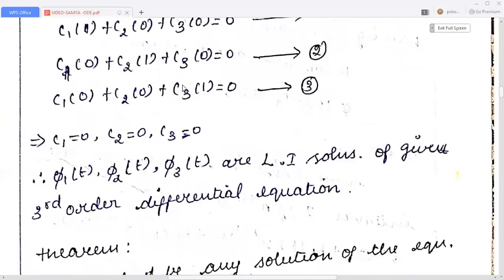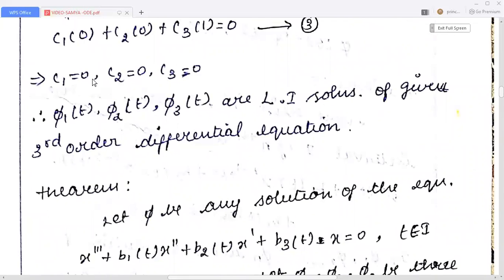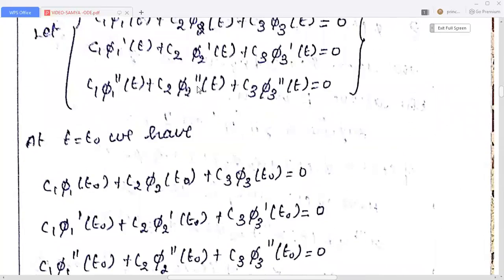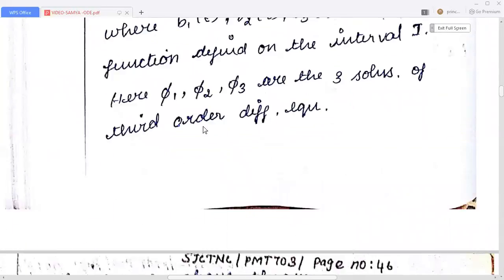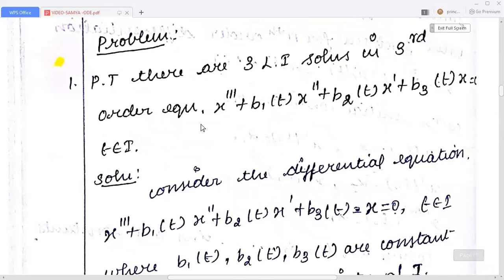From these three equations, we get C1 equal to 0, C2 equal to 0, and C3 equal to 0. Therefore, all constant values are 0. Therefore, the functions phi 1 of t, phi 2 of t, and phi 3 of t are linearly independent solutions of the given third order differential equation. This idea can be extended for nth order differential equation.